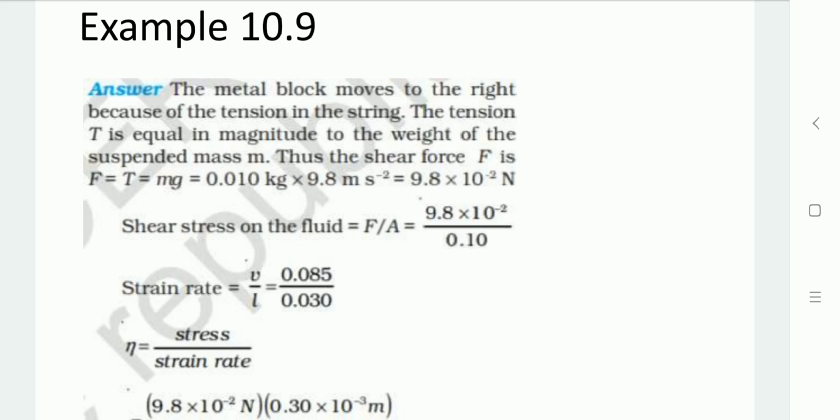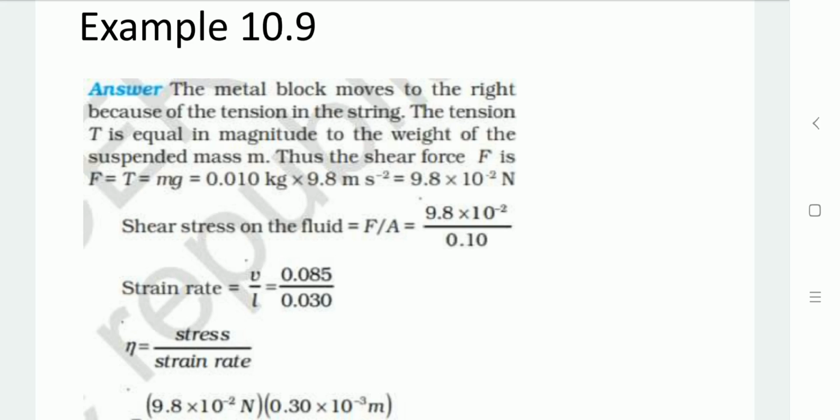So the force or tension on the string is 9.8 into 10 raised to minus 2 Newton. So stress is F by A, 9.8 into 10 raised to minus 2 divided by A, 0.1.